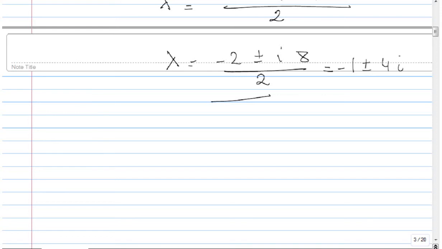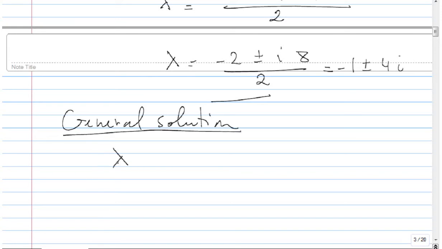But again, here there are two ways. Either we know the answer, so let's say, for example, we know the answer for the general solution, if you memorized it. Alpha is equal to minus 1 plus 4i, therefore the real part alpha is equal to minus 1, and beta is equal to 4.